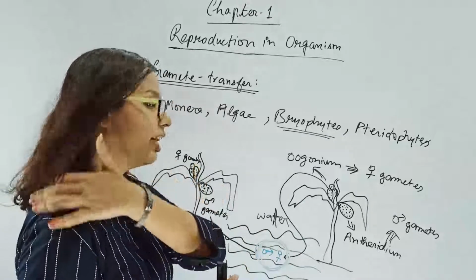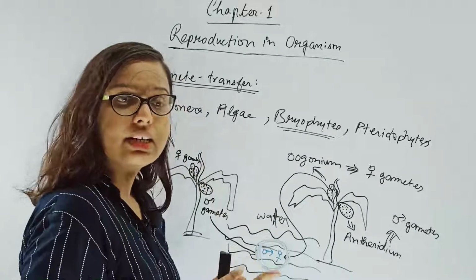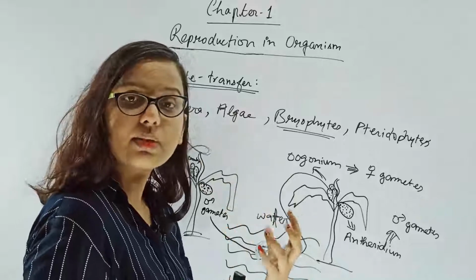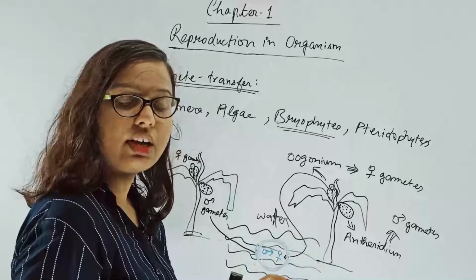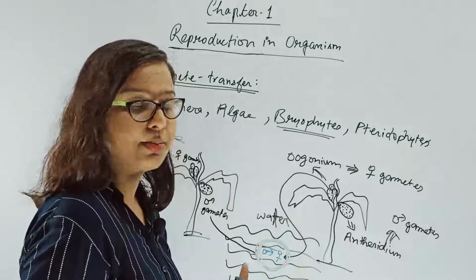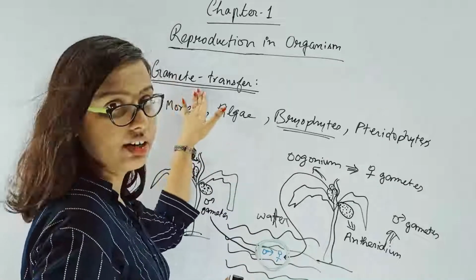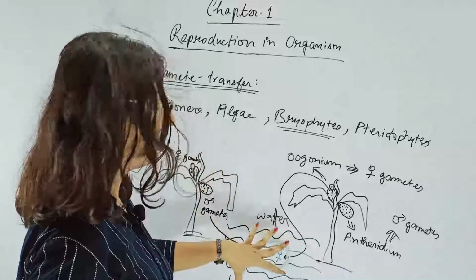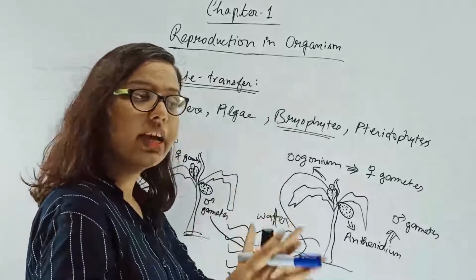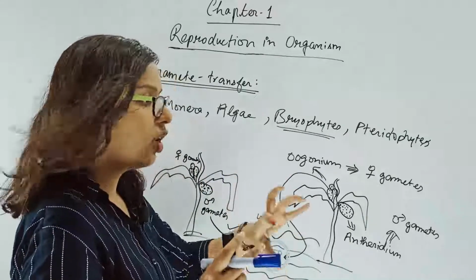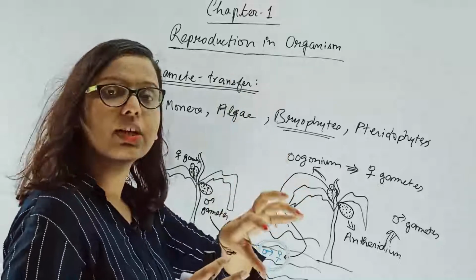In the same way, in case of animals, the fishes also discharge both their gametes in the water, and there the fertilization takes place. So that is also a type of gamete transfer. So gametes are basically secreted in one common medium. There they fuse. They are not transferred from one body to another body.